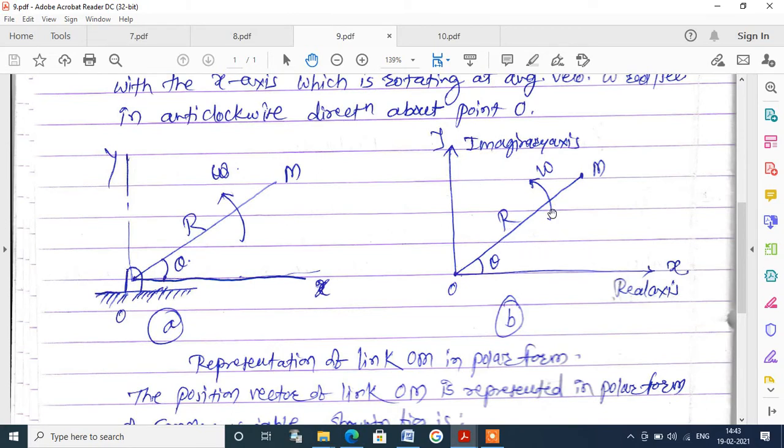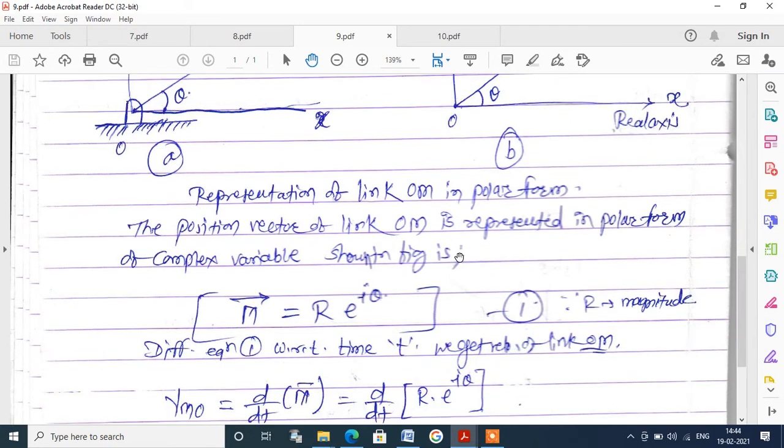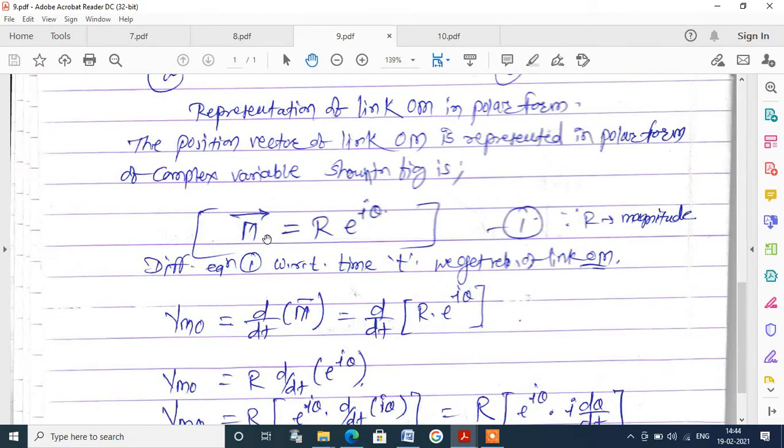So the link OM has magnitude R and angular velocity omega. Now by complex algebra or polar form, this can be represented as M bar equal to R e raised to i theta, correct? Where R is the magnitude. So this is, you can say, the position or displacement.